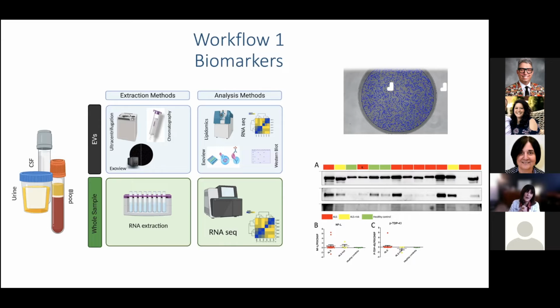And so there are different extraction methods. I won't go through the details of this, but now we can take your blood every 3 months, let's say, when you come to clinic, and then we can isolate your vesicles, the vesicles that come from your brain, right?